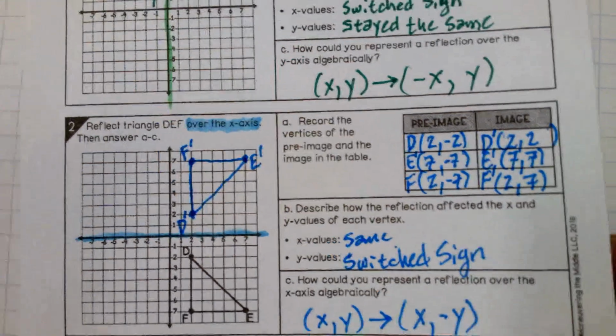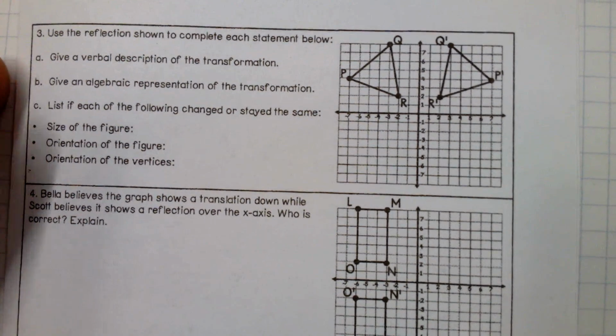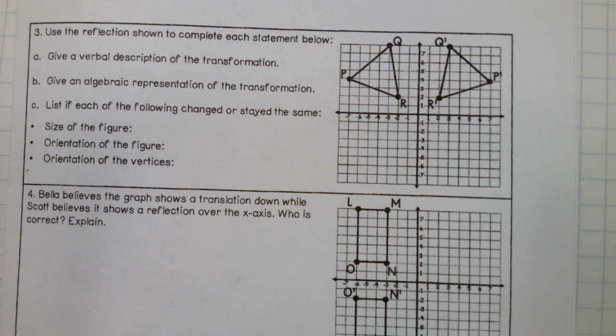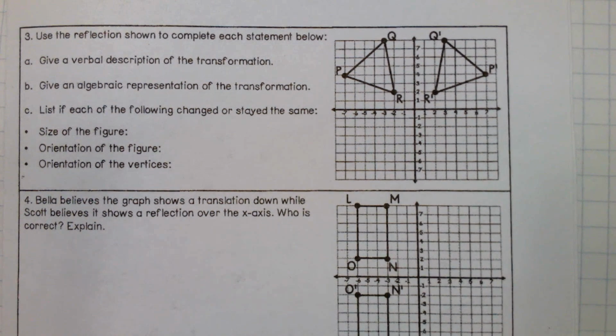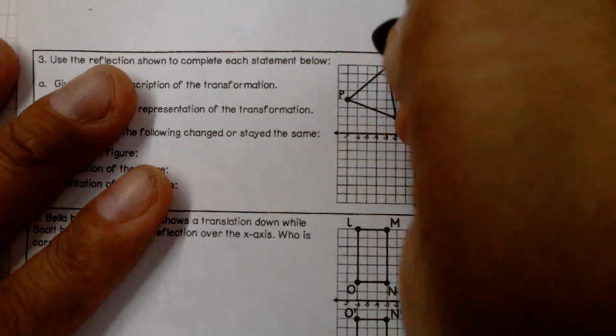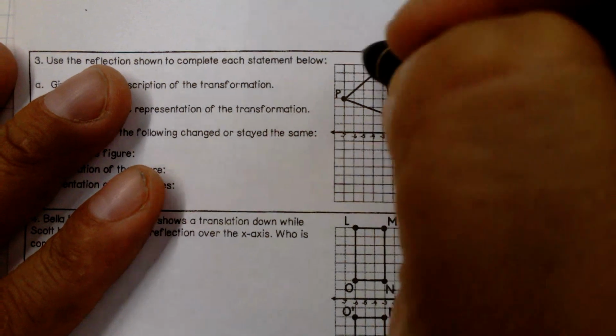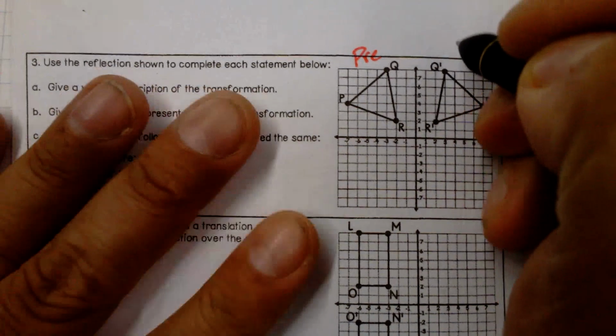Okay, let's look at what's on the back. Excuse me. So we're going to use this reflection. So this is our pre-image. So our pre-image is here. And this is our image.